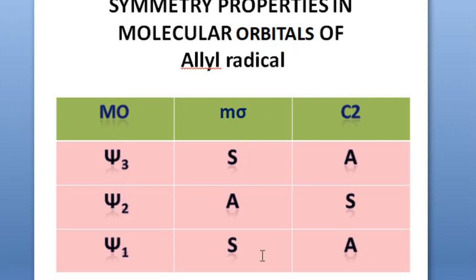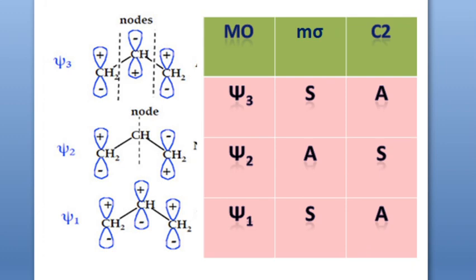Symmetry condition is that psi1 is always symmetric with respect to sigma and asymmetric in terms of C2, and psi2 is the reverse of psi1, asymmetric with respect to sigma and symmetric with respect to C2, and psi3 is the reverse of psi2, symmetric with respect to sigma and asymmetric with respect to C2. So that's how your molecular orbitals in allyl radical are.